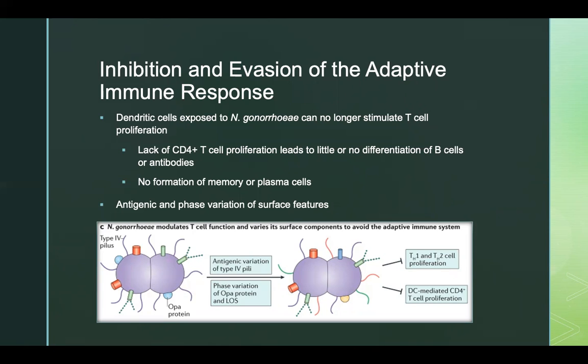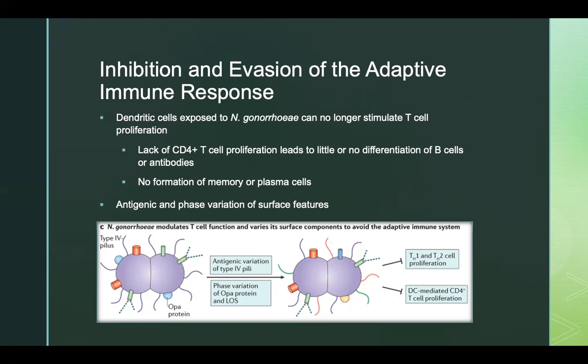And as you can imagine, among other complications, this leads to little or no differentiation of any B cells or further development of more effective antibodies through something like isotype switching. Because you don't have this differentiation as a result of no T cell proliferation, you have no formation of memory or plasma B cells, which leads to no secondary response if there was to be a secondary Neisseria gonorrhoeae infection.